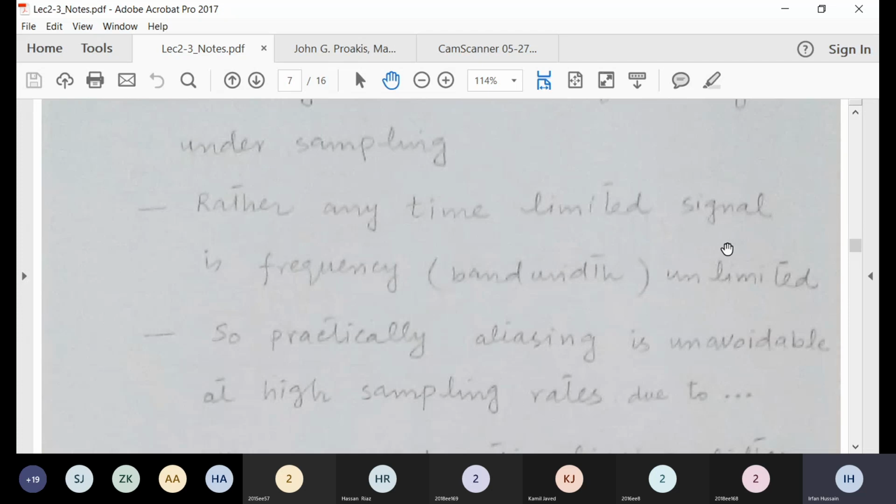So if you have an unlimited, not bandwidth limited signal, aliasing will be unavoidable, so you band limit your signal. Once you have a band limited signal by passing it through an anti-aliasing filter, then you sample it at a frequency double the bandwidth of your anti-aliasing filter.